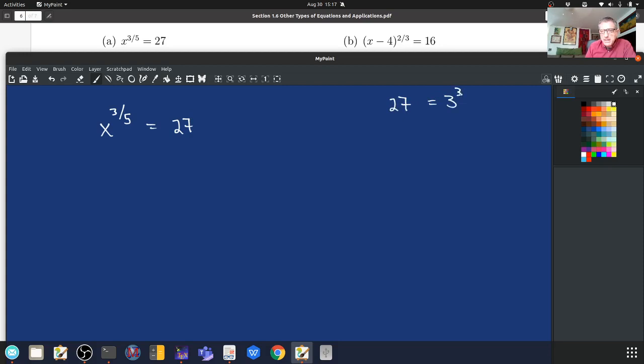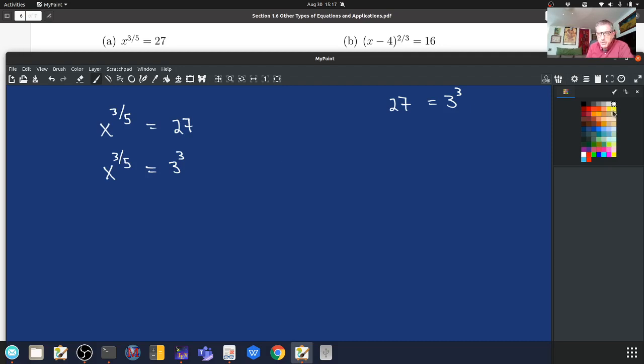I'm going to write it as 3 to the 3rd power because the fact that the numerator in this exponent is 3 is going to be important. So all I'm doing there is rewriting 27 in some other form that is equal to 27.